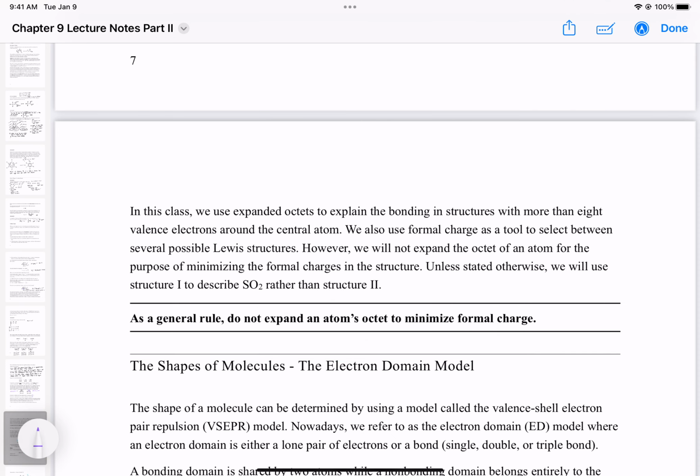Okay. In this class, we try to use expanded octets. So an expanded octet is when you have more than 8 electrons around an atom. So we try to explain the bonding in structures with more than 8 valence electrons around them. So if something needs 8 single bonds, we're going to put 8 single bonds because that explains the valence electrons around the central atom.